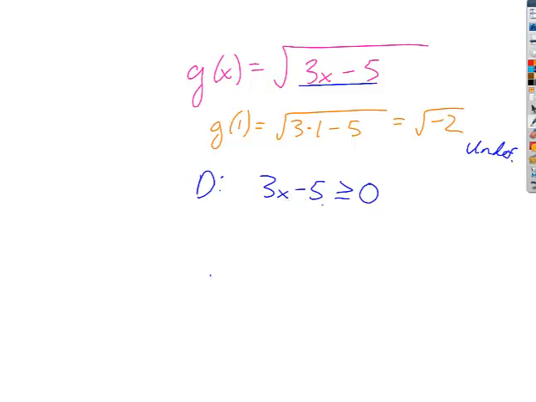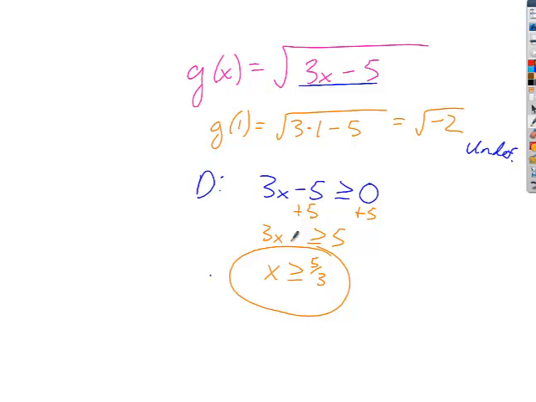And just to be nice people, we should probably solve for x in this statement. So let's go ahead and do that. This is the restriction on x itself. And this is how we could state our domain.